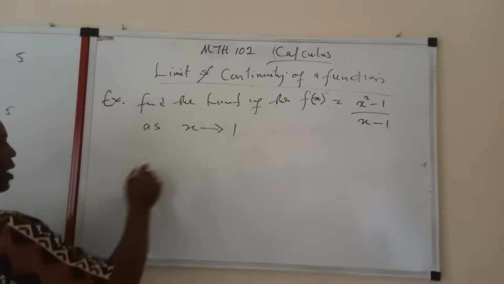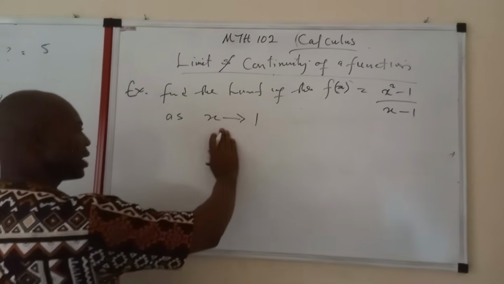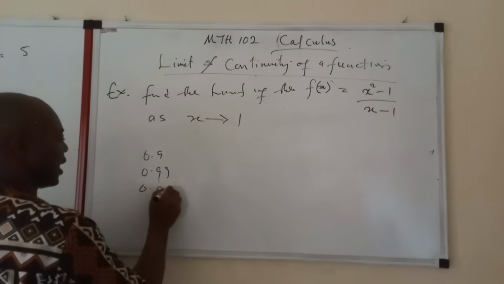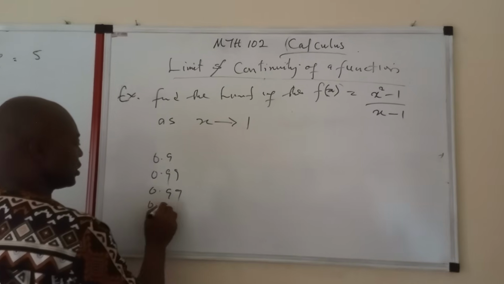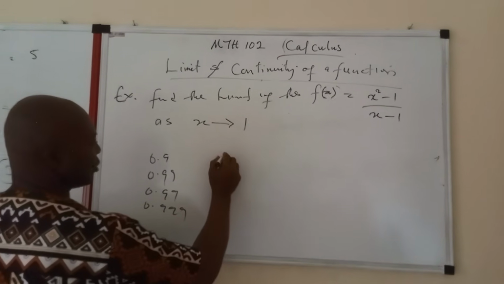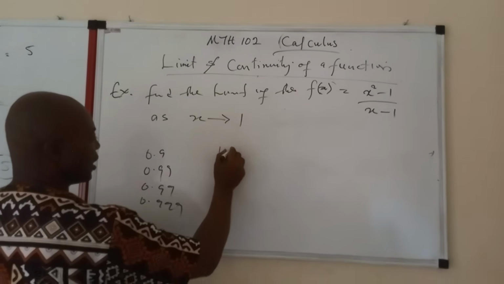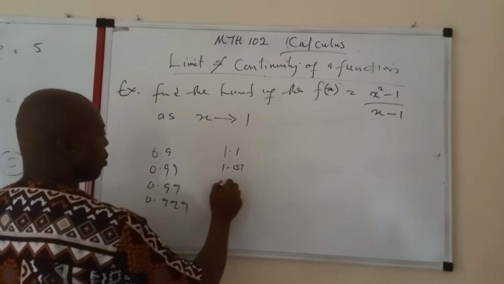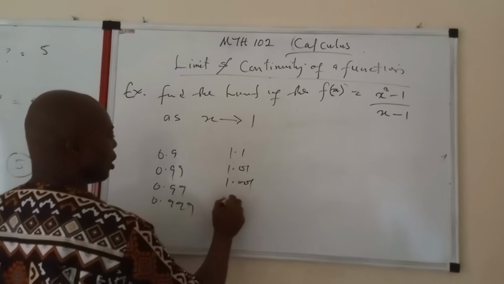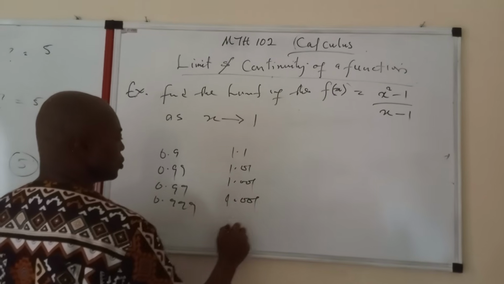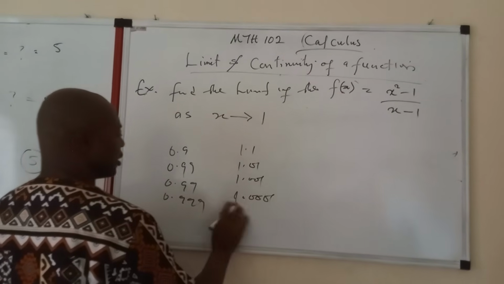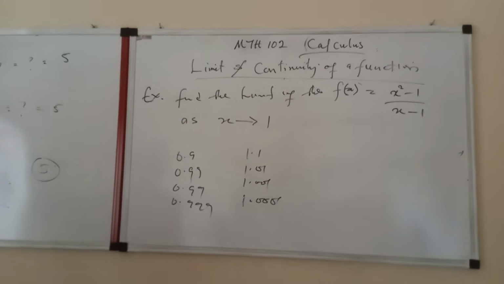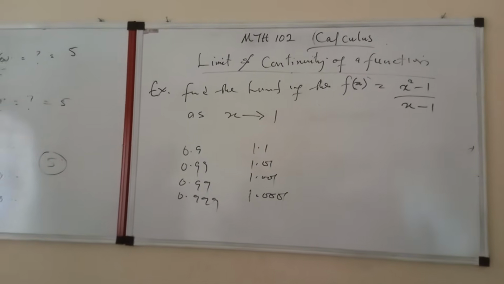On the left-hand side you have 0.9, 0.99, 0.999, whereas on the right-hand side you have 1.1, 1.01, 1.001, 1.000001. These are values that are very close to 1 from either side.